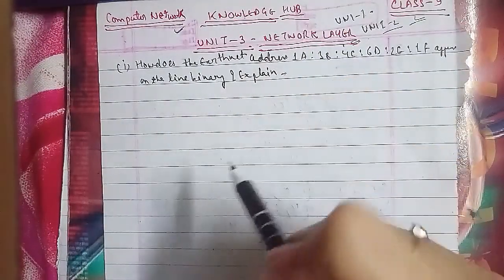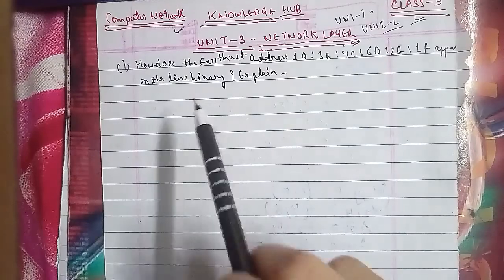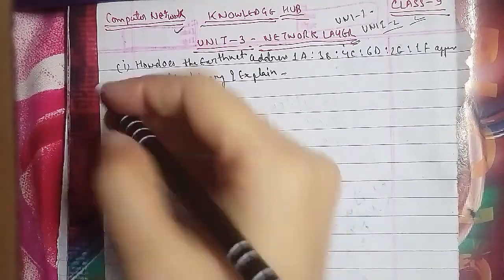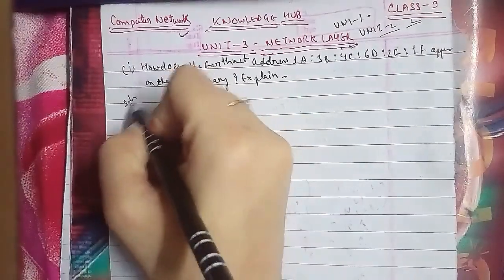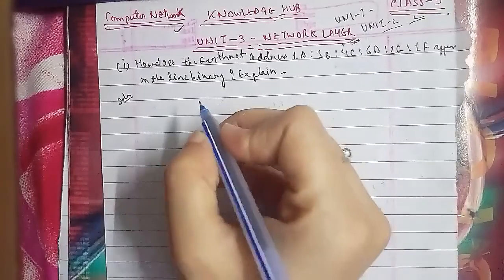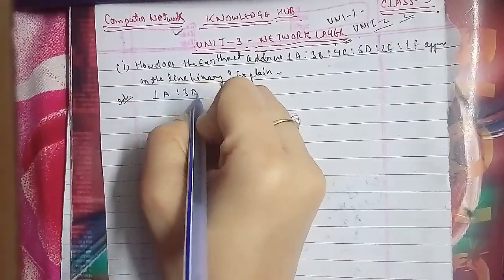The Ethernet address that we have here is the solution: 1A, 3B, 4C, 6D, 2E and 1F.